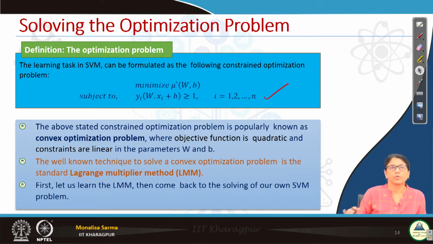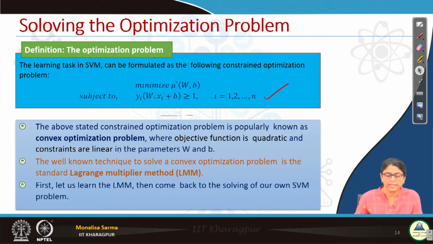The above stated constrained optimization problem is popularly known as a convex optimization problem. What is the specialty about this? Here the objective function is quadratic, isn't it?